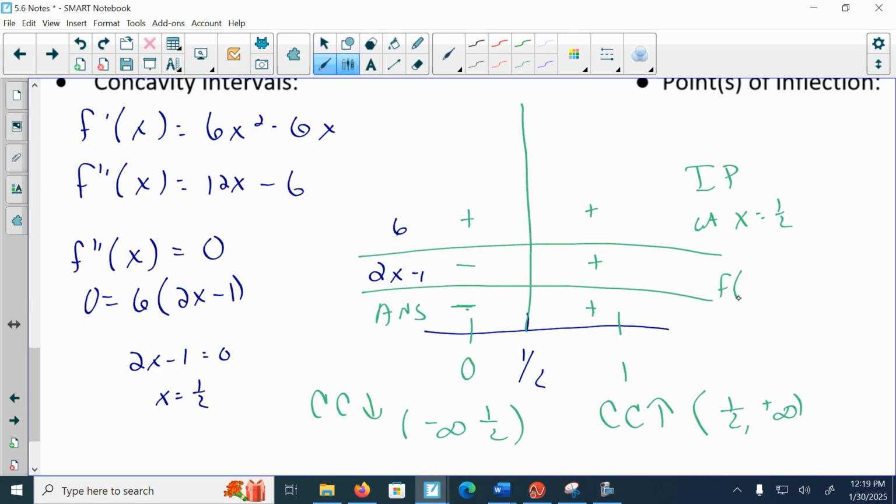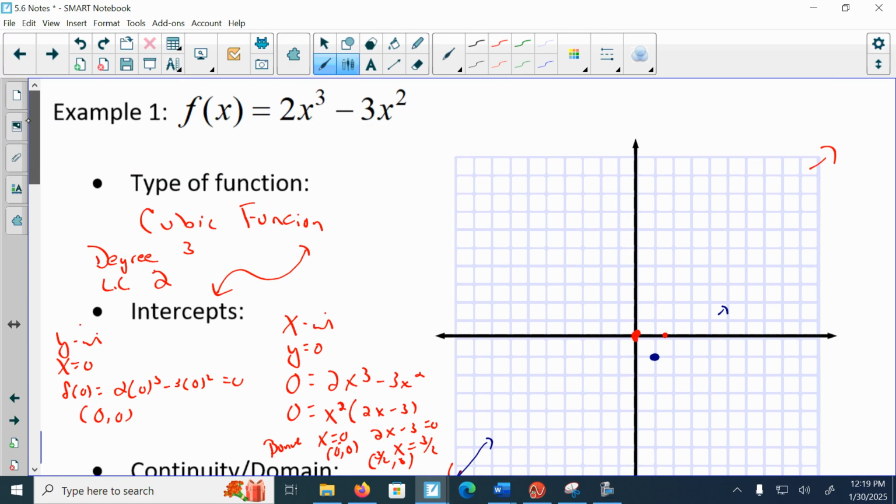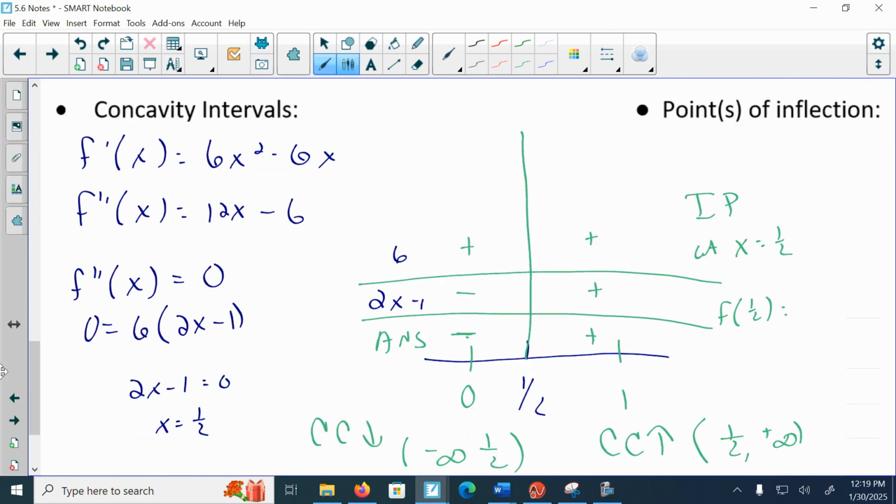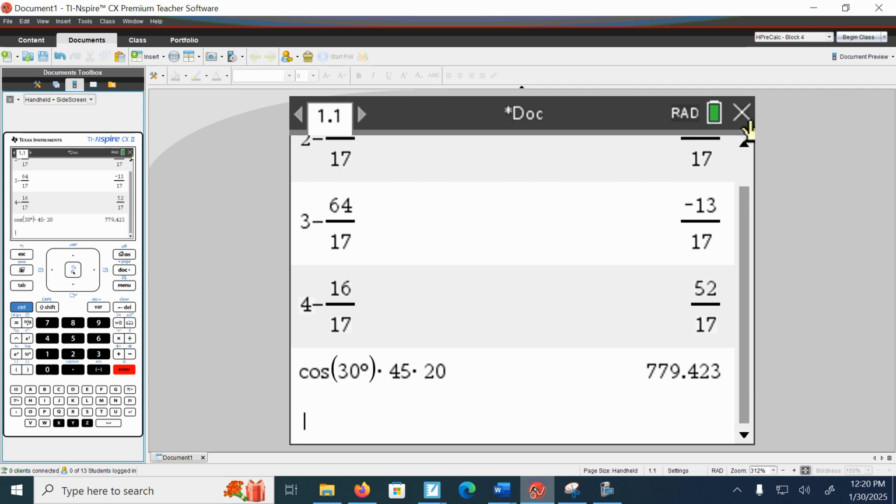So I'm going to find f of 1 half. Going all the way back to the very beginning, I'm going to take 2 times 1 half to the third minus 3 times 1 half squared. So 1/4 maybe minus 3/4. So what, negative 1 half? And I don't know if I trust my math on that one.